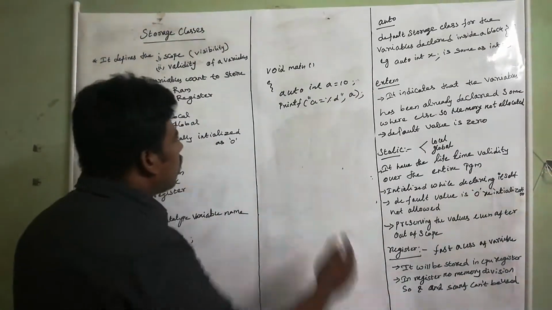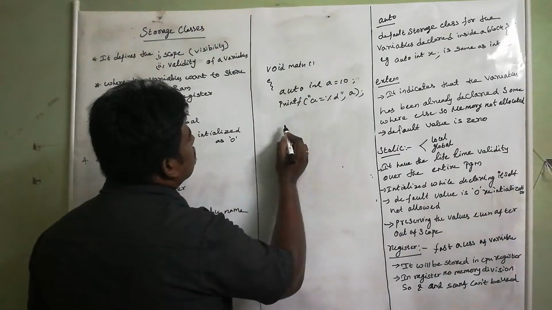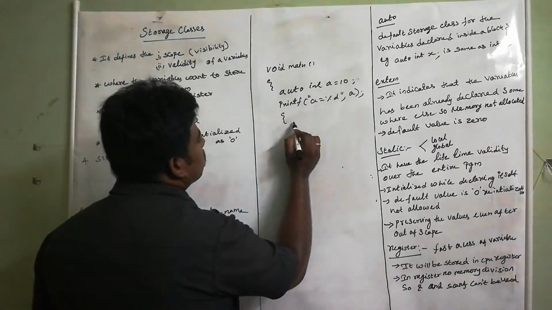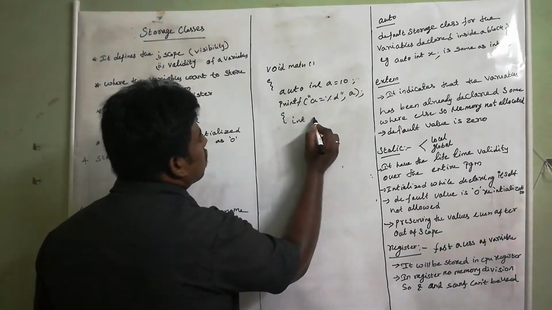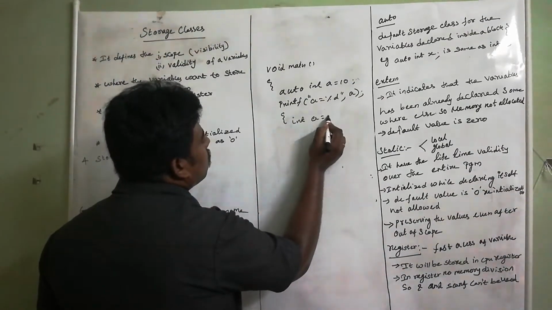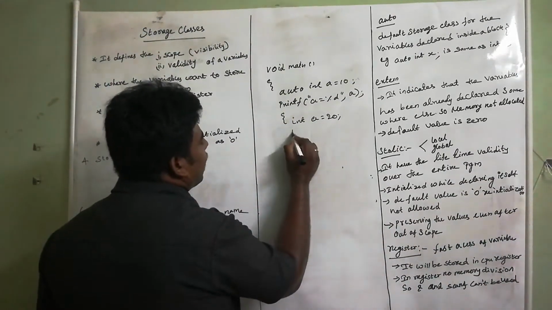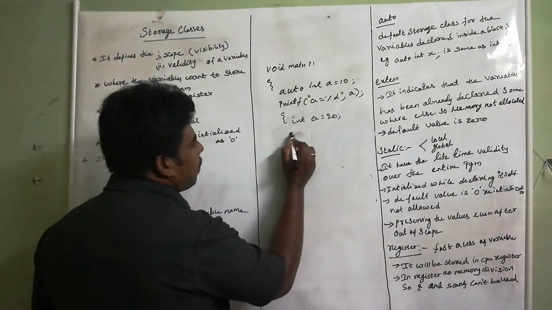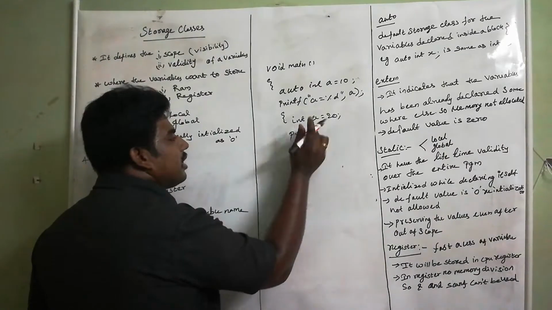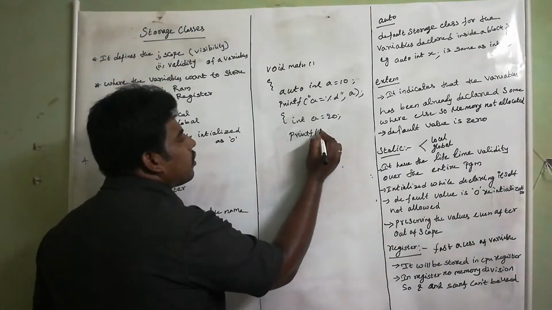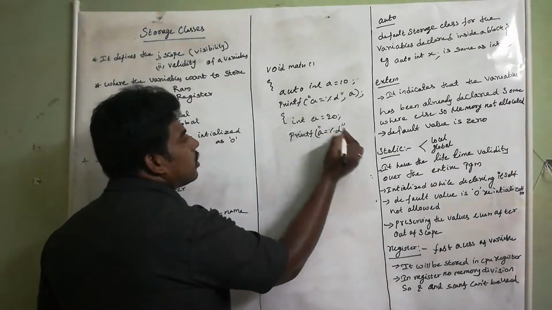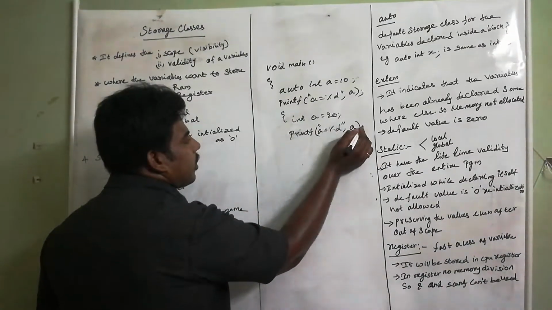I am creating another curly brace. Here int a equal to 20. Again I am printing this a: printf a equal to %d comma a.